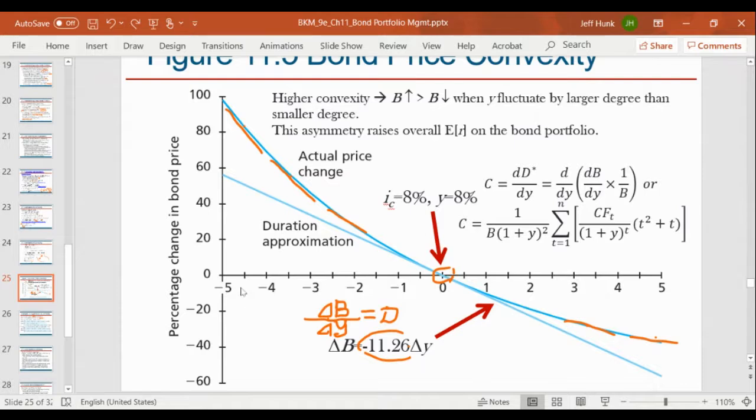Suppose interest rate went down by 5%. If interest rate went down by 5%, bond price went up by 100%. Of course, once again, this 5% means 5 percentage points.